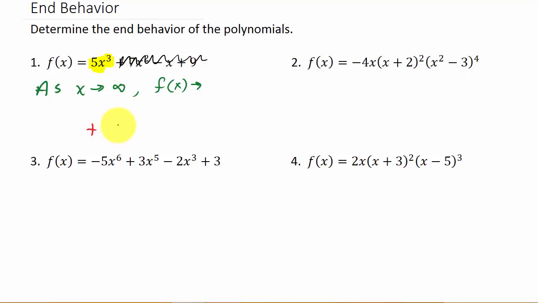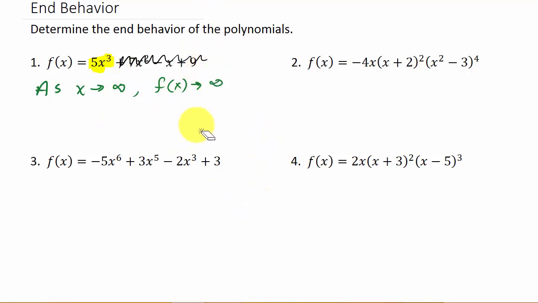I'm going to have a positive times a positive times a positive, multiplying three positive numbers together, and that gives me a positive answer. So if I raise a number out at positive infinity to the third power, I get another number out at positive infinity. That means as x goes to infinity, f of x is also going to infinity.